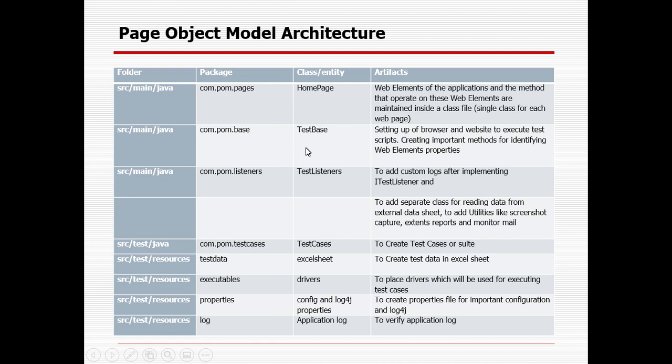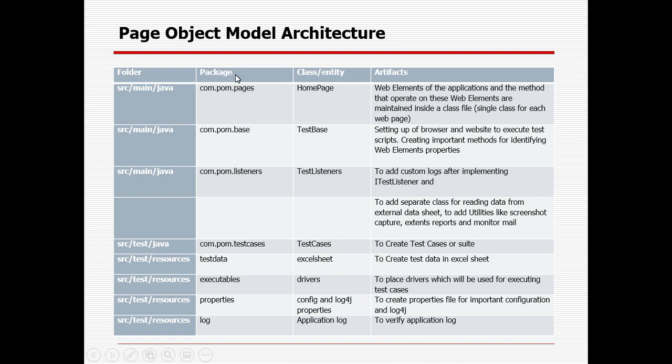So as and when you create the Maven project, there is a four-folder structure. You can find it: src main java, src test java, src main resources, src test resources. These are the primary four folders that we will be having. So in the src main java, we will be creating primarily four packages.